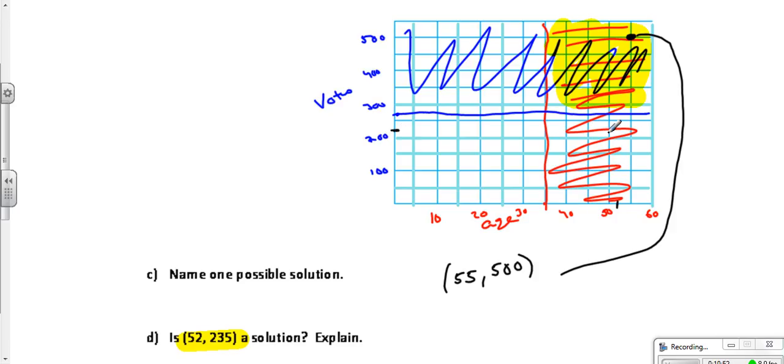So if I went and found their intersection point, it would be about here, and that would work for red, right age, but not enough votes. So this would be no, because of the location, because in other words, age is okay, but not enough votes.